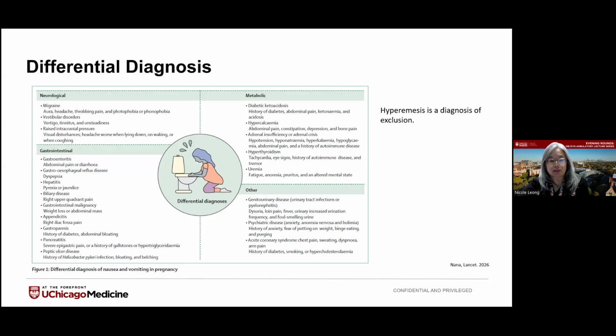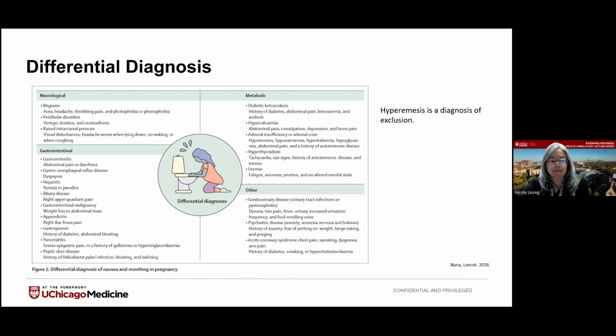And then lastly is sort of this other category. So someone who has a severe urinary tract infection could have vomiting. And then sometimes we have psychiatric disorders that can make this worse, so someone who has an eating disorder already, who has a strong fear of gaining weight or eating.